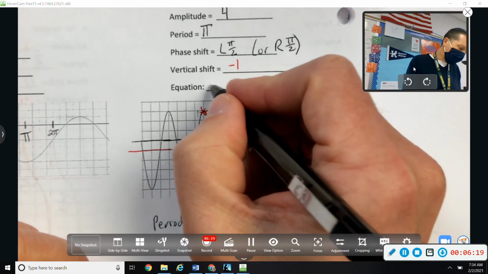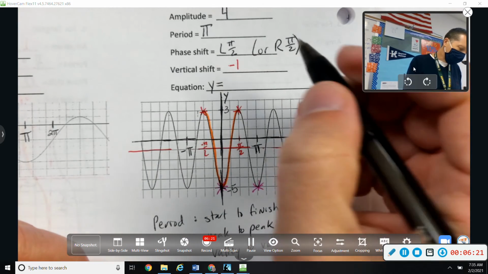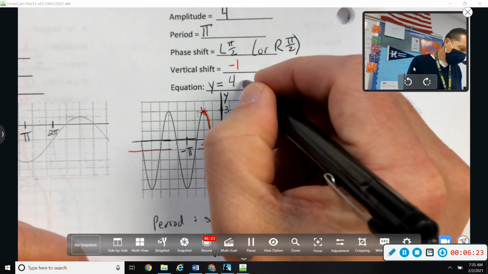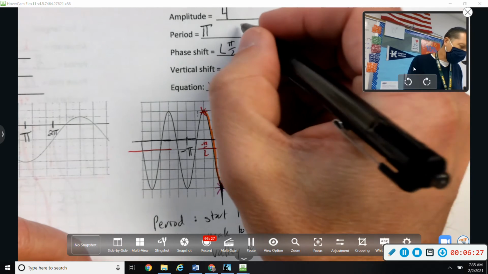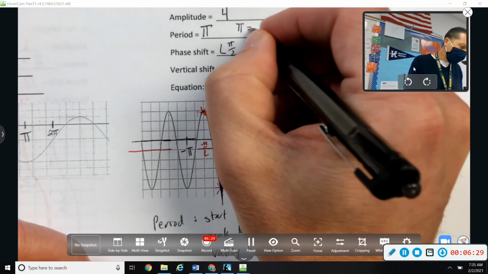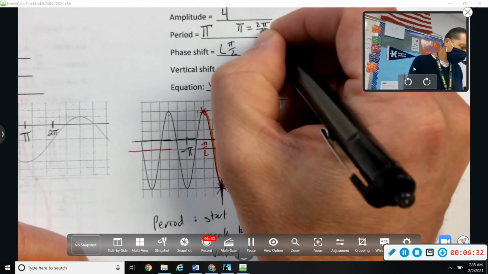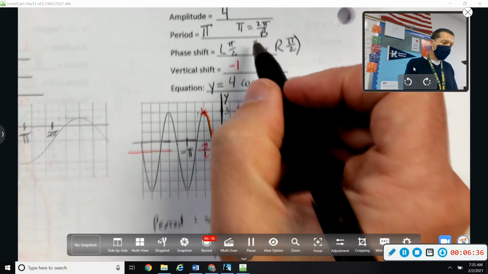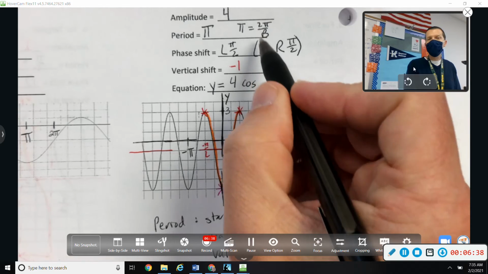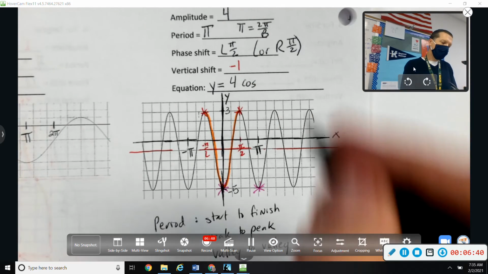So my equation then, y equals 4 cosine b. So if period equals 2 pi over b, well, again, you can cross multiply if you need to, or hopefully you can just look at that and say, well, b's got to be 2 in order for that to work. Andrew?